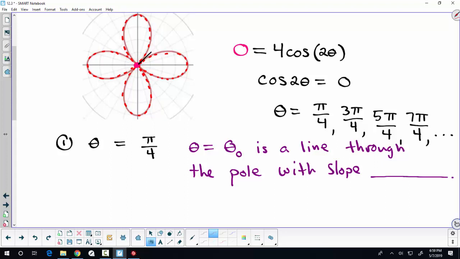Yep. In order to convert theta equals pi over 4 into Cartesian, we take the tangent of both sides. In terms of x and y, what's tangent of theta?